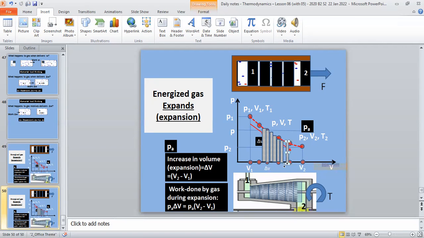Likewise, area under the PV curve from 1 to 2, all together.